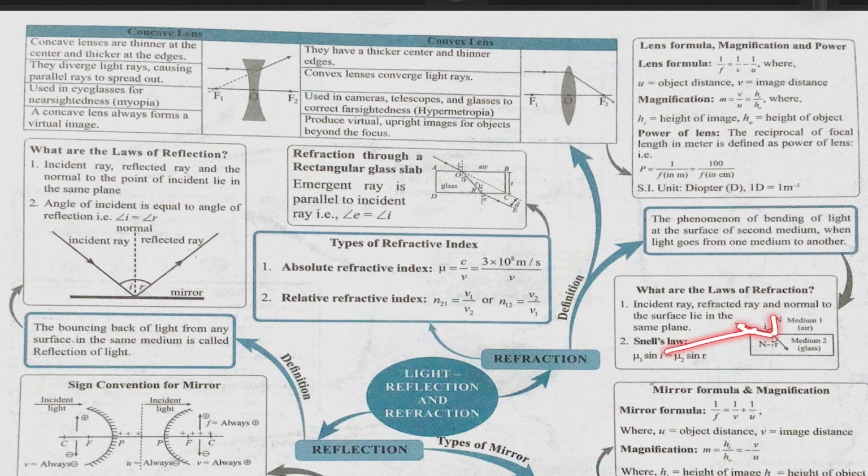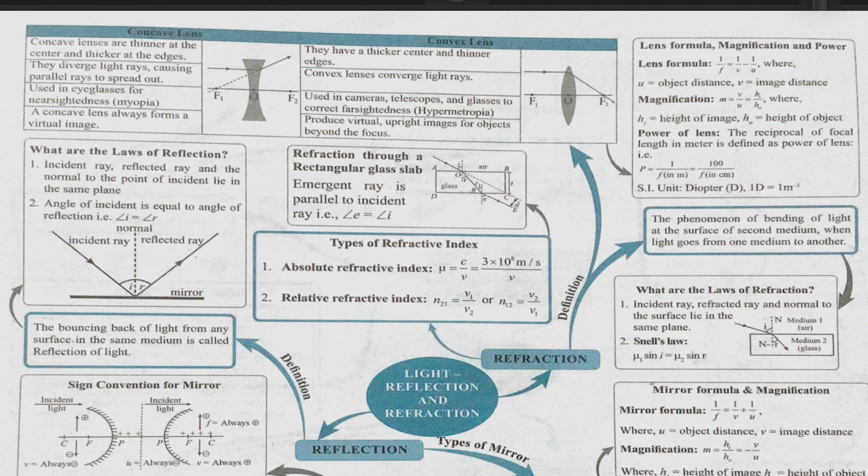That is, the angle made by the incident ray with the normal is the angle of incidence, and the angle made by the refracted ray with the normal, we call it the angle of refraction. So this is the definition and the laws of refraction.